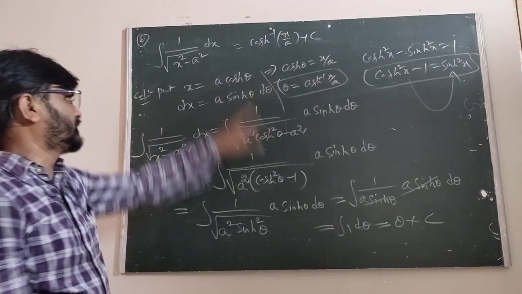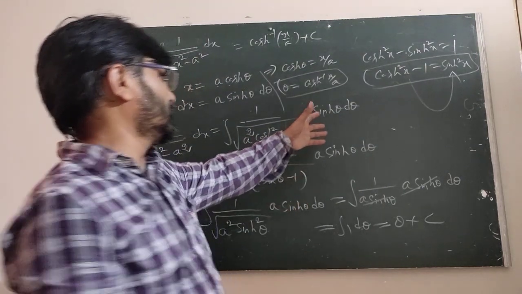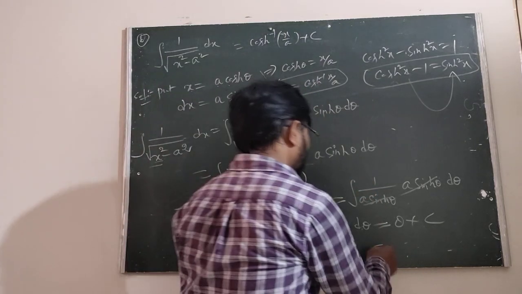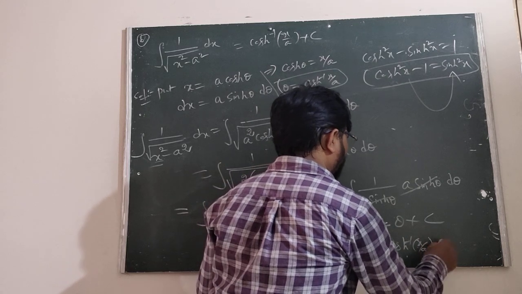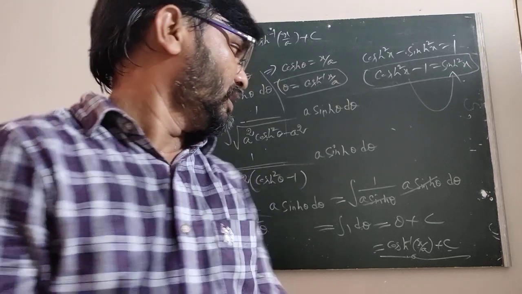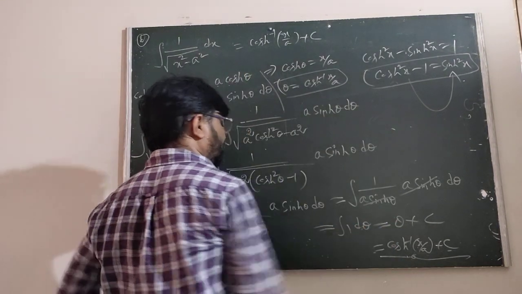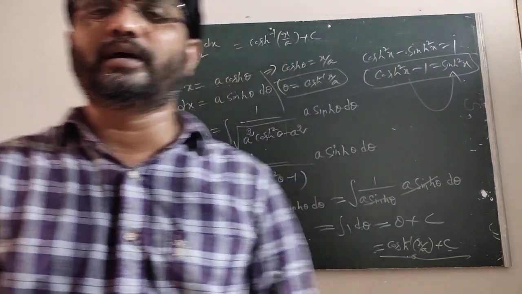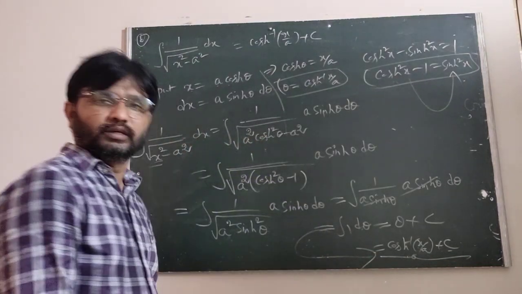The integral of 1 d theta is theta, so we can write theta is cosh inverse of x by a plus c, which is our required solution. Is it okay?